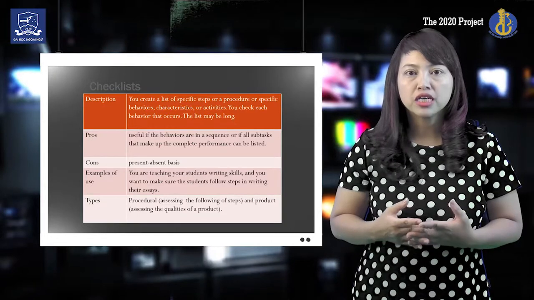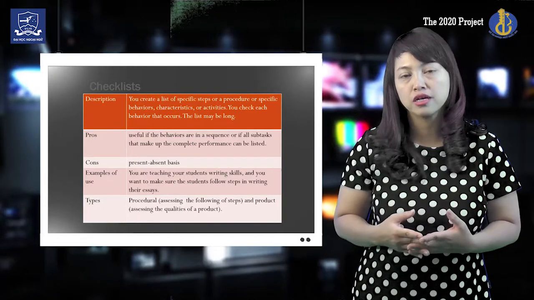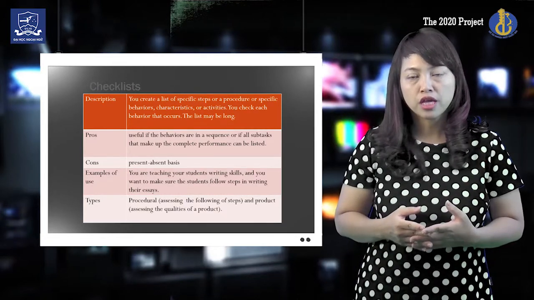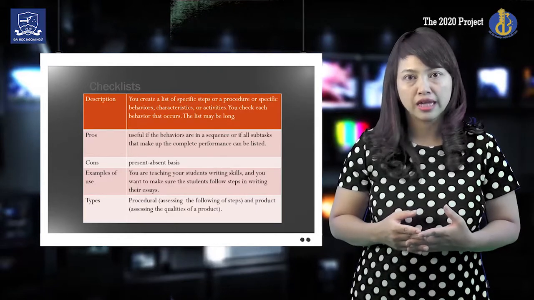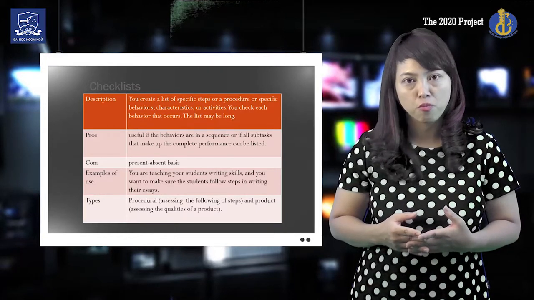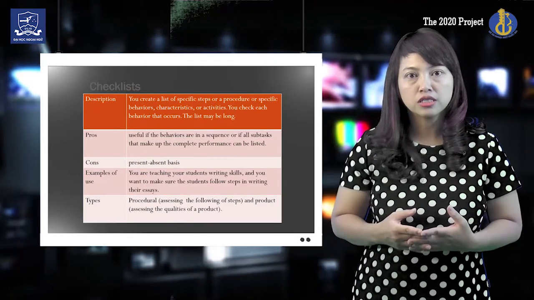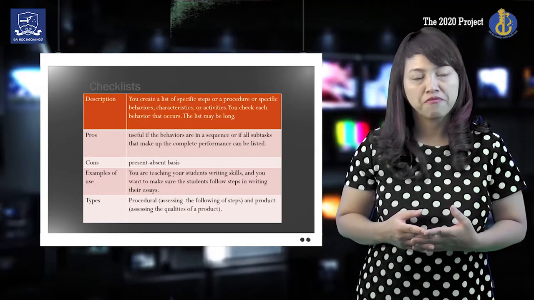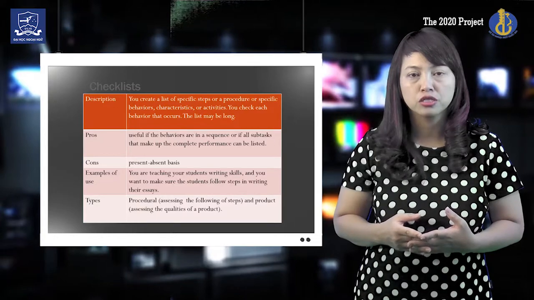The list may contain more items than the behavioral tallies we have mentioned earlier. Checklists are very useful if the behaviors are in a sequence or if all the items make up a complete performance. However, the teachers or students only decide on a yes-no basis, which is sometimes very challenging and cannot provide detailed description of student ability.